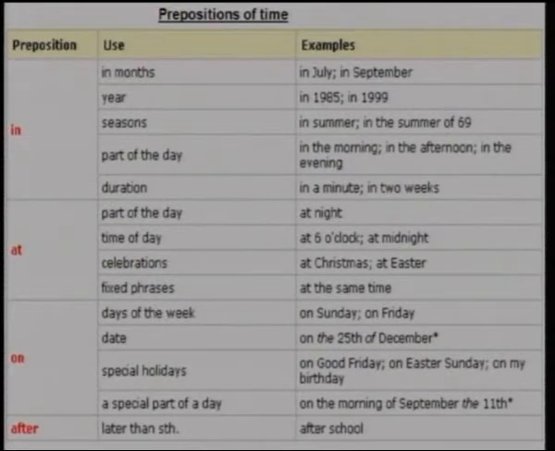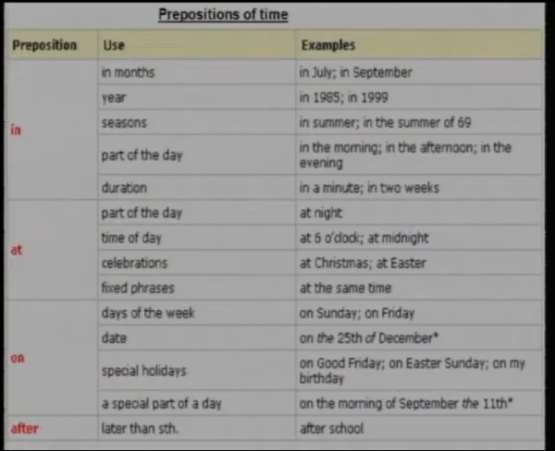Okay? Also durations, we use in. I say in a minute, in 2 weeks, in an hour, in a day, in a month, in 15 days. This is duration. However, at refers to part of the day, as in we say at night, at 6 o'clock, at midnight.